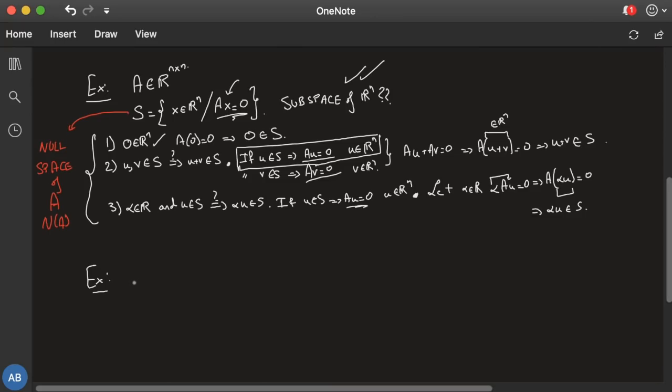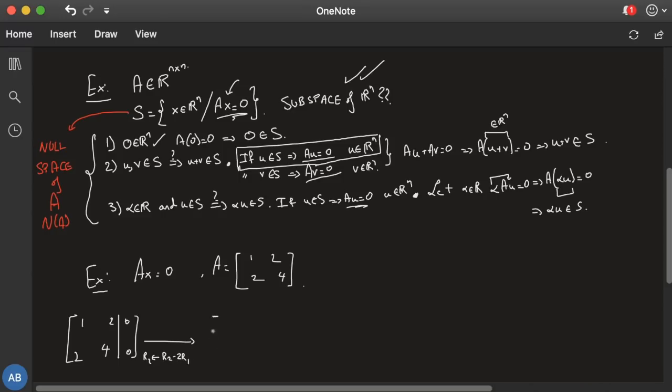So imagine you've got a matrix A, you're solving AX equals 0, where your A is 1, 2, and 2, 4. You form your augmented matrix and replace R2 by R2 minus 2R1, and hence you get 1, 2, 0 in the first row and all zeros in the second row.